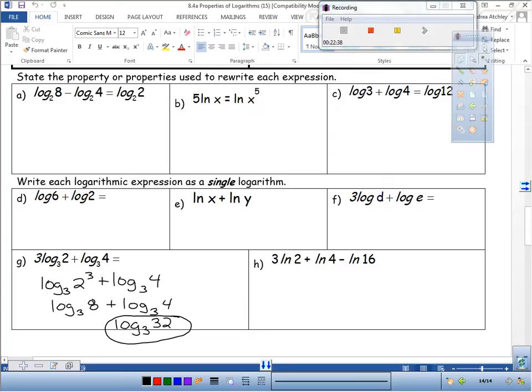Okay, the next one then, we're going to do a bunch of stuff. So we're going to take the 3 and we're going to make it the exponent. So it's the ln of 2 cubed plus the ln of 4 minus the ln of 16. 2 cubed is 8.